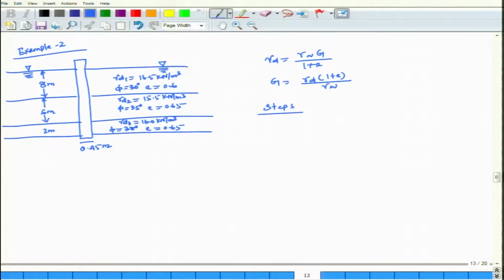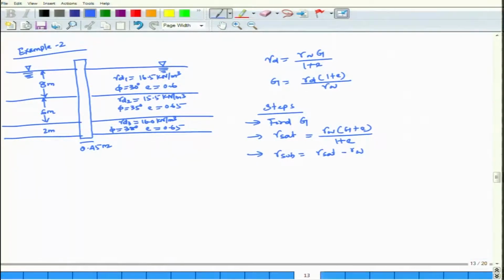Calculate G, find G. Once you find G, then find gamma saturated, which is equal to gamma W into G plus E by 1 plus E. Then you can calculate gamma submerged, which is equal to gamma saturated minus gamma W. Then you can find it out.